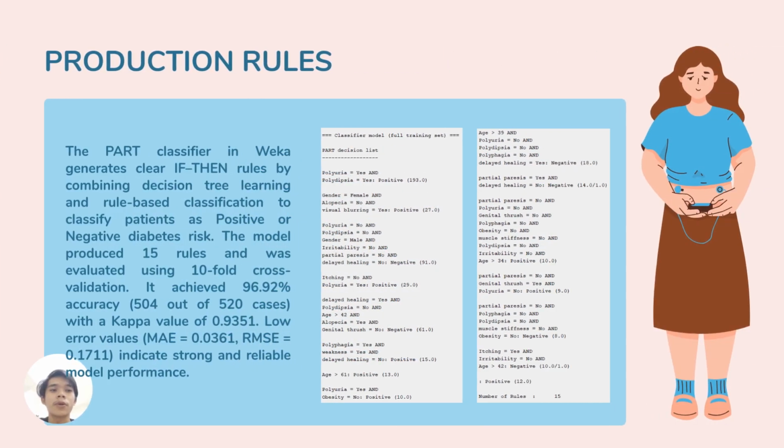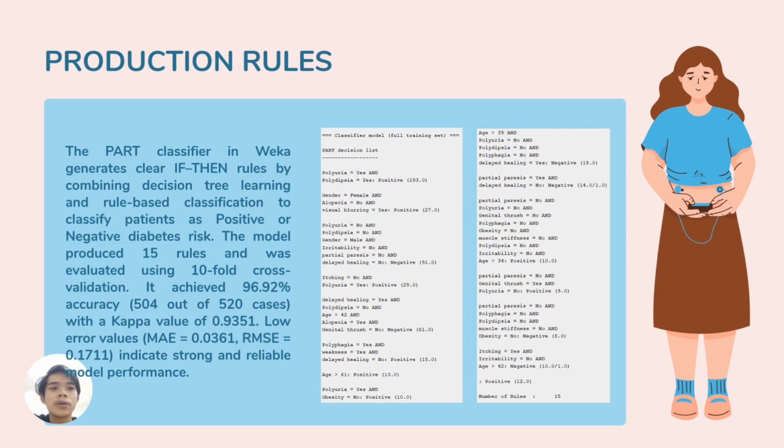Okay, for production rule, we use the PART classifier in Weka. The PART algorithm combines decision tree learning with rule-based classification to produce clear and easy to understand if-then rules.